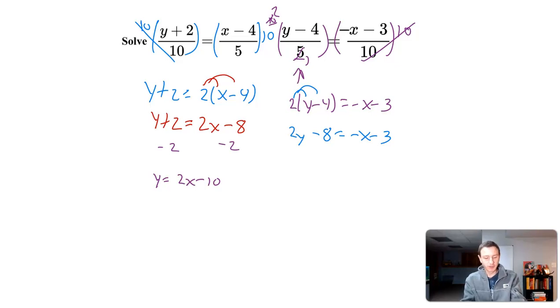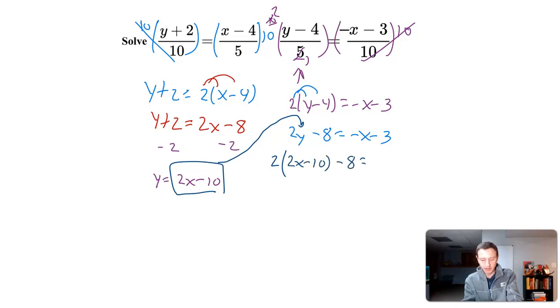Now I guess our only route is to just substitute. You could add the 8 over to the -3, but nothing absolutely has to happen right now. So let's substitute in the y. I'm taking 2x - 10 and substituting in for y right here. So 2 times (2x - 10) - 8 equals -x - 3.